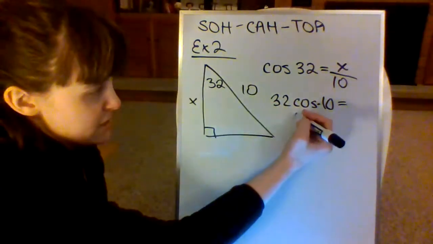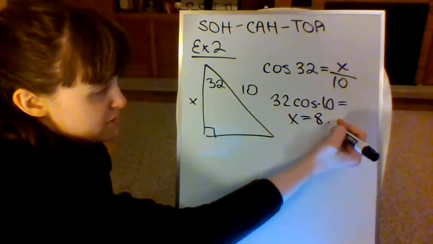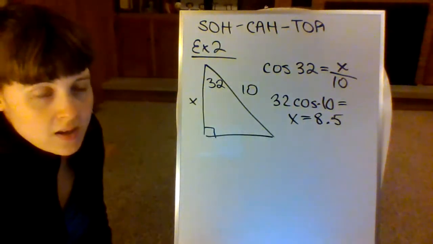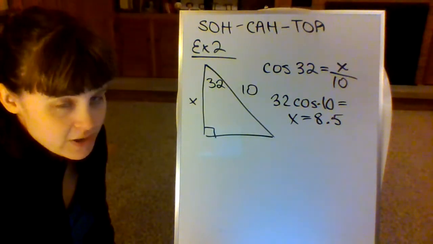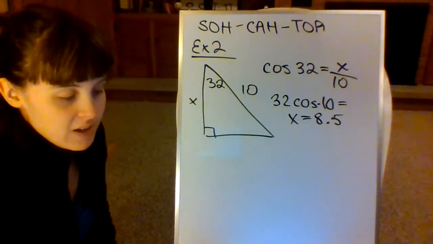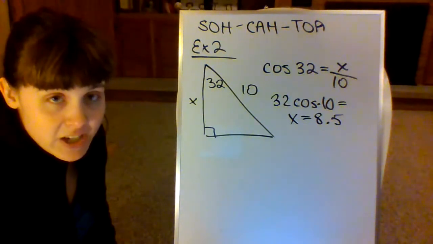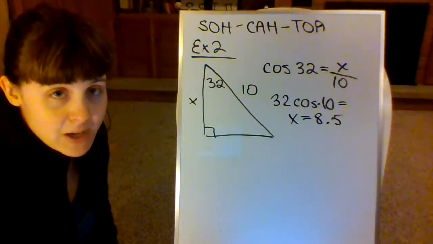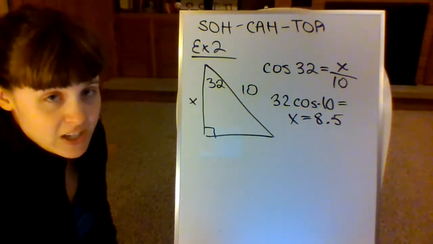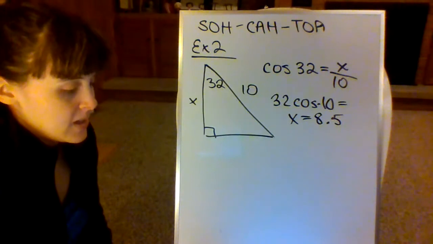Okay, so x equals 8.5. Okay, now on your notes that I posted to Google Classroom for the day, if you have any problems typing anything into your calculator, let me know, and I will be happy to help you with that. Okay, I'm going to demonstrate here on the video how to do that.